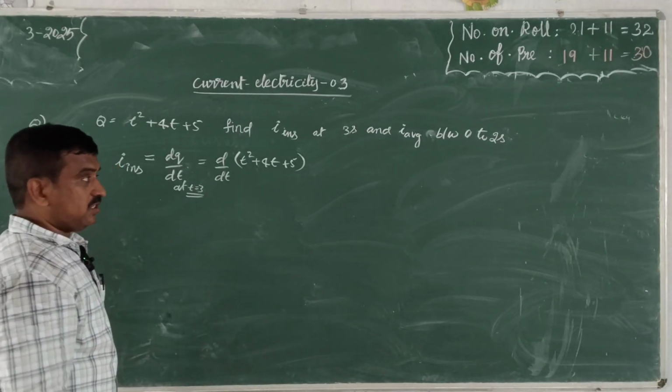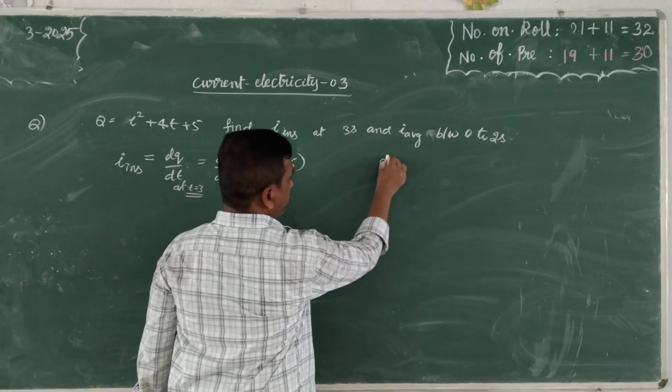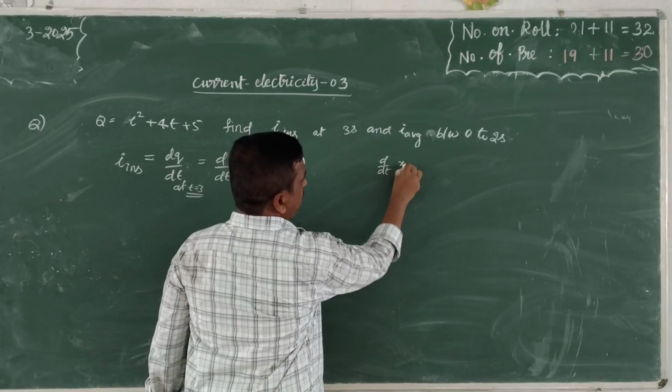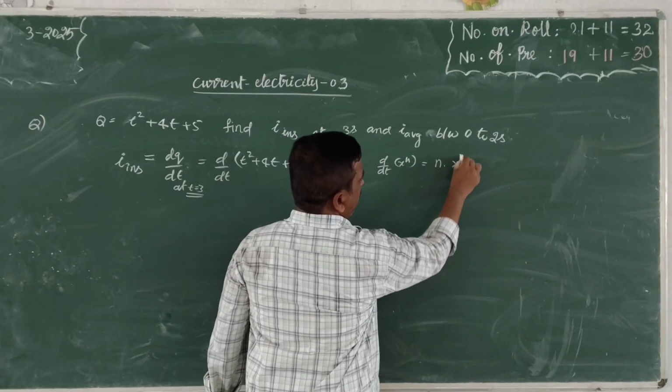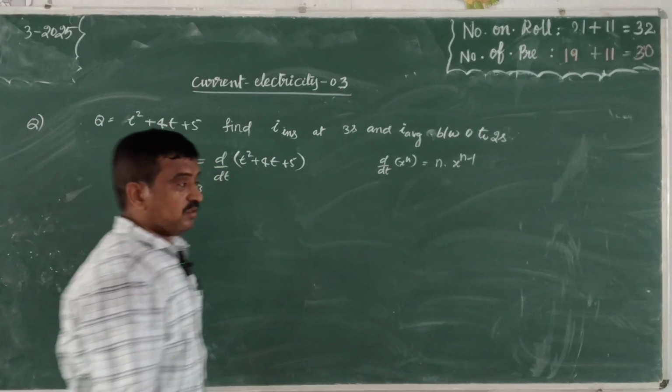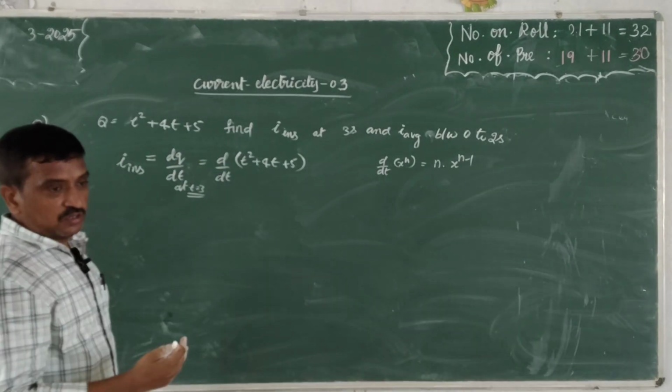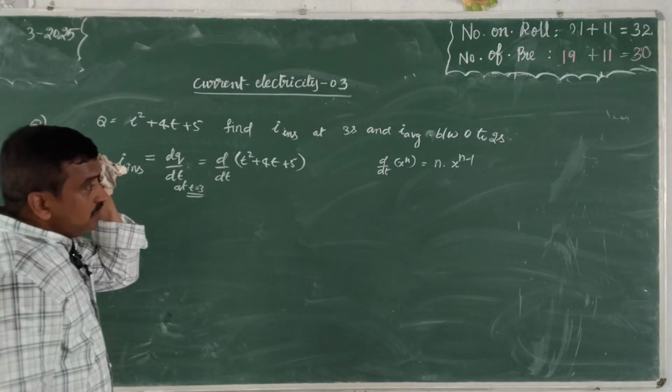We know the differentiation formula: d by dt of x power n equals n into x power n minus 1. The power becomes the coefficient and the power is decreased by 1.